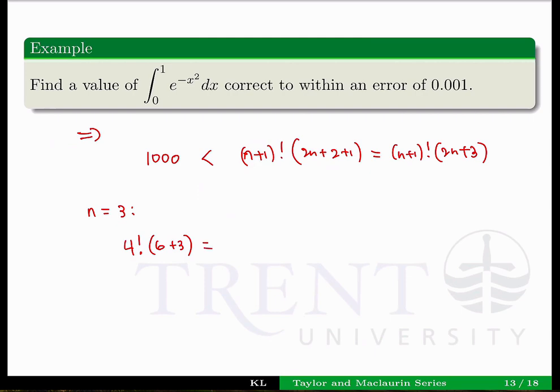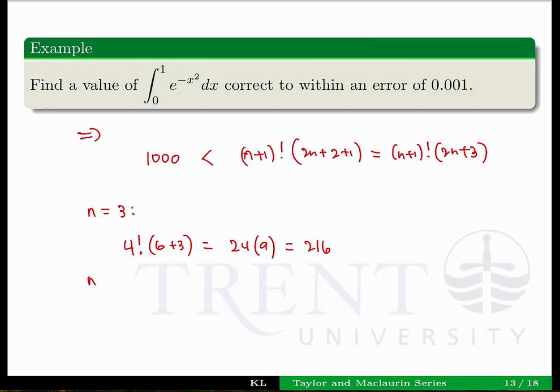This is equal to what? 4 factorial, that's 24, times 9, which is equal to 216.